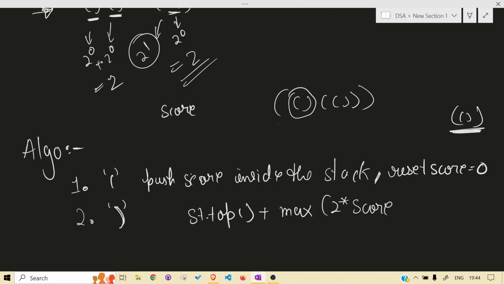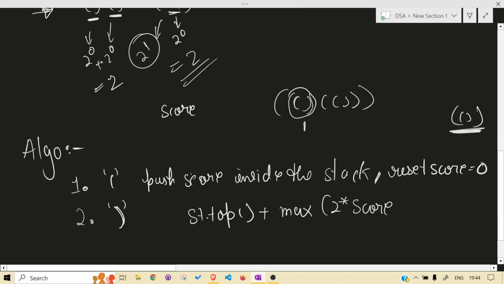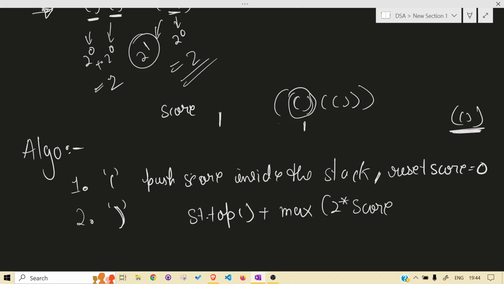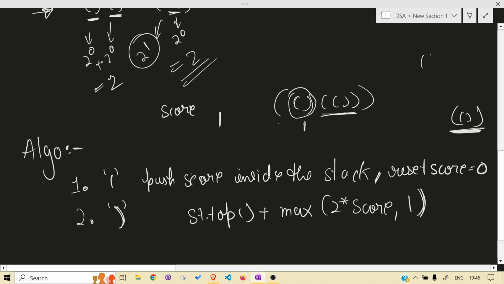Why? See for yourself, in this we have 1, now we have to put it to 0. This is being stored as the previous state in the stack. Now we have to have it at 0 in order to calculate for this. So what we do is 2 times score, comma 1. Why 1? Because to handle this case, we have to have 1.